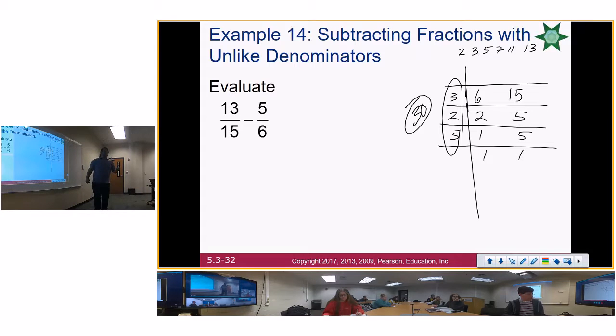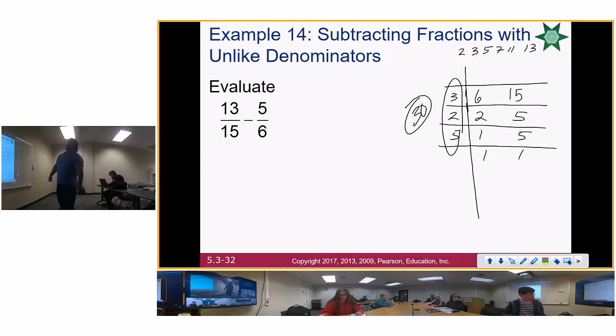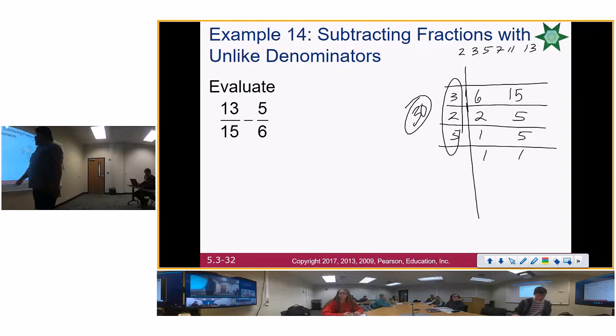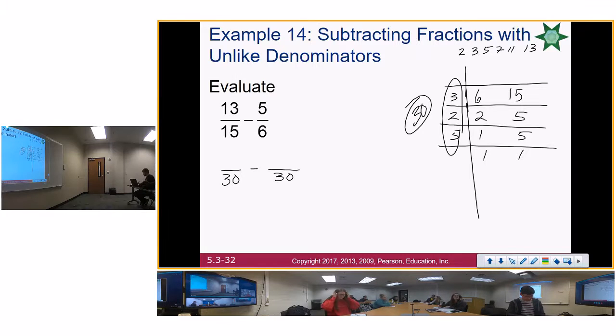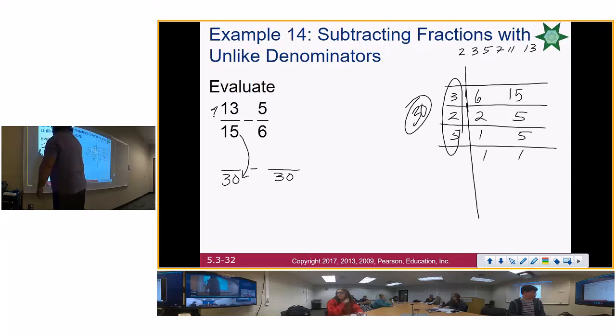A lot of people that don't know how to do this would go, oh, 6 times 15, which is 90. And they'd make 90 the common denominator, which means you would have to reduce it down later. So put a 30 here, and a 30 here. 15 will go into 30 how many times? 2. 2 times 13 is 26.